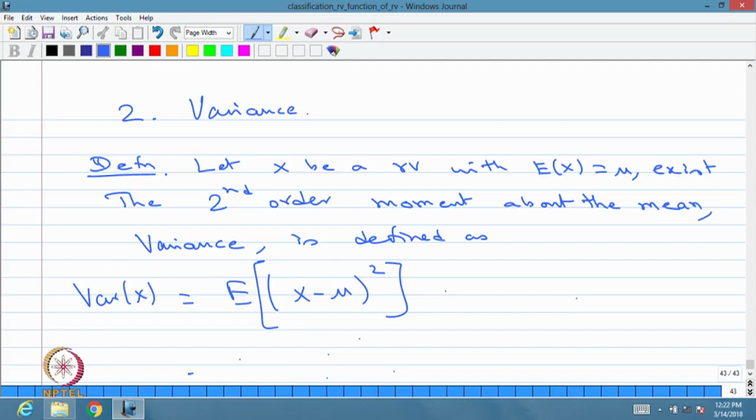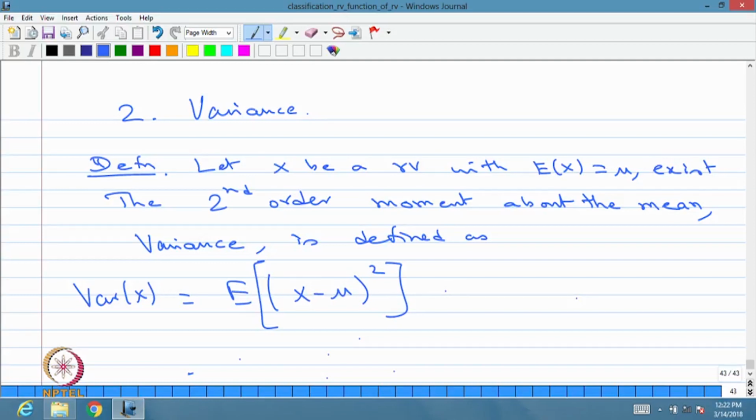Since we are writing the right hand side, expectation of x minus mu whole square, that means provided the right hand side exists. You can treat x minus mu whole square, where mu is expectation of x, as a function of x, g of x.